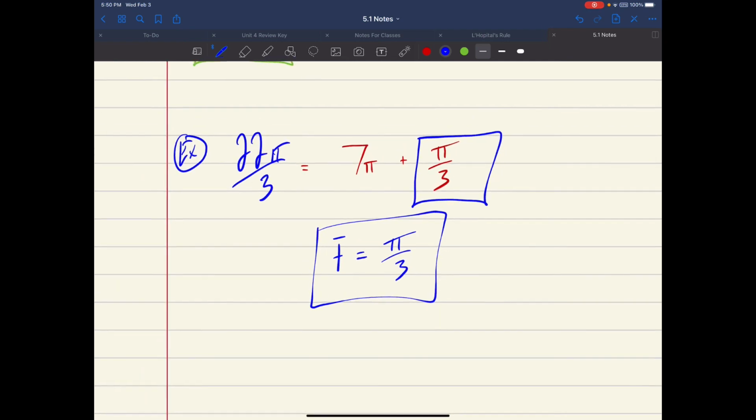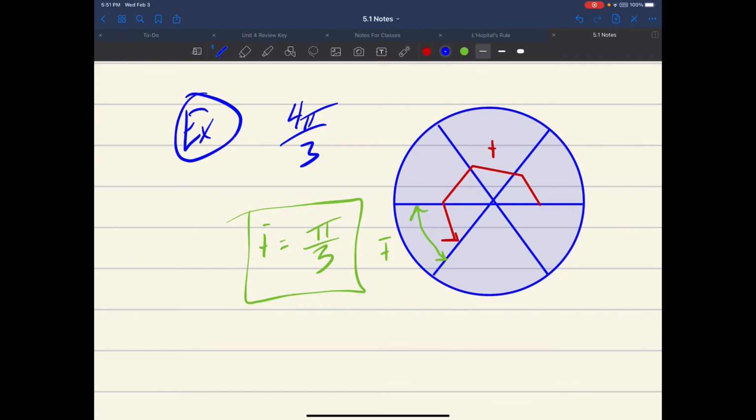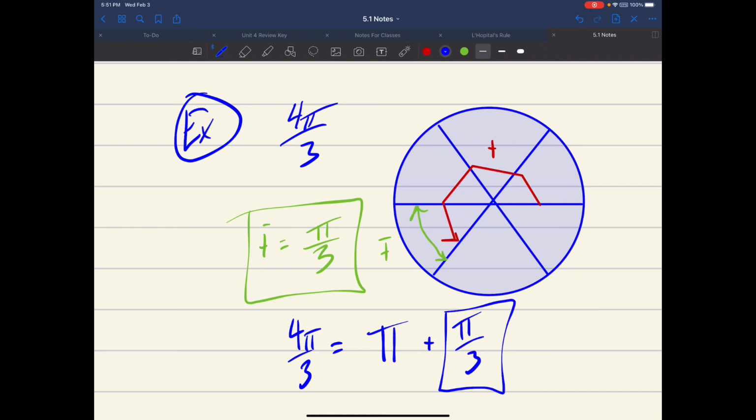So if we go back to 4/3 pi, for instance, let's copy it down here. 4 divided by 3 is 1 and 1/3. So it's going to be pi plus pi over 3. And if I find a common denominator here, it'll give me 4 pi over 3. But you can always do this, and that remainder, if it's between 0 and 90, 0 and pi over 2, that is your reference number.